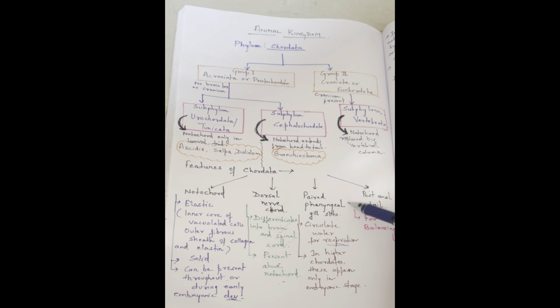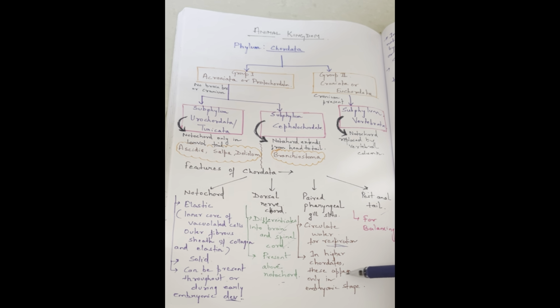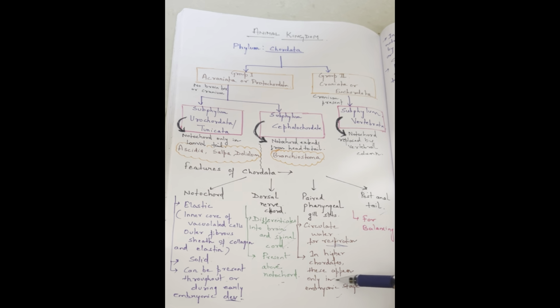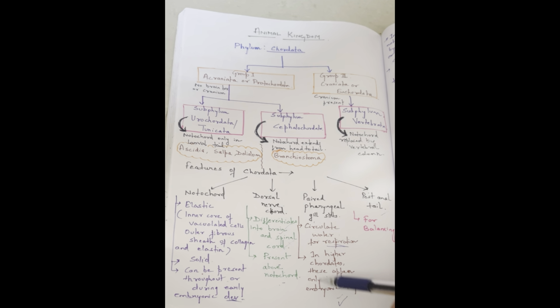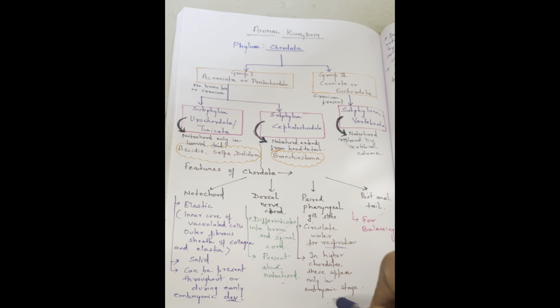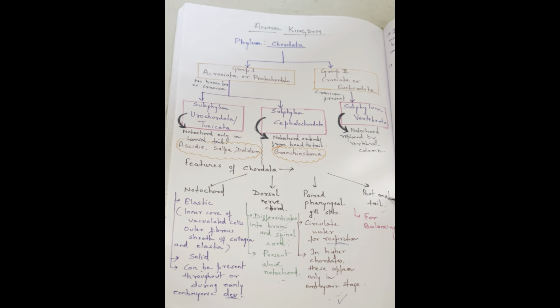They will get modified into the lungs itself. In the higher chordates, these appear only in the embryonic stage. So they are still there, but in the embryonic stage, not in the adult stage, because they will modify into various respiratory structures. Then the post-anal tail.